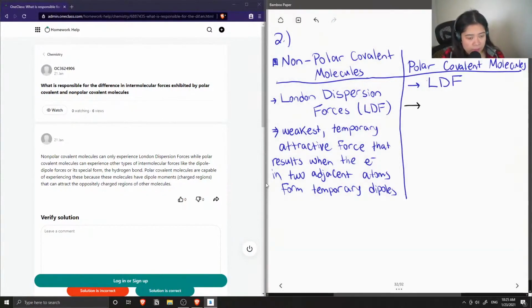And they can also exhibit something called dipole-dipole interactions. So a more specific dipole-dipole interaction would be something called hydrogen bonding.